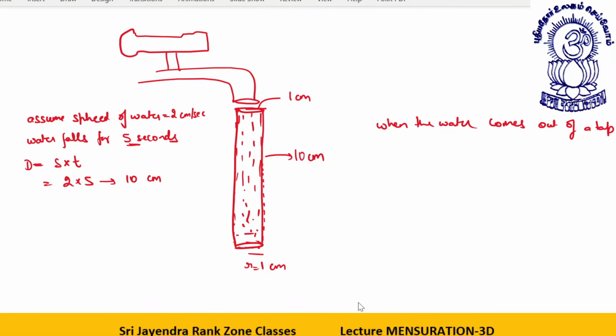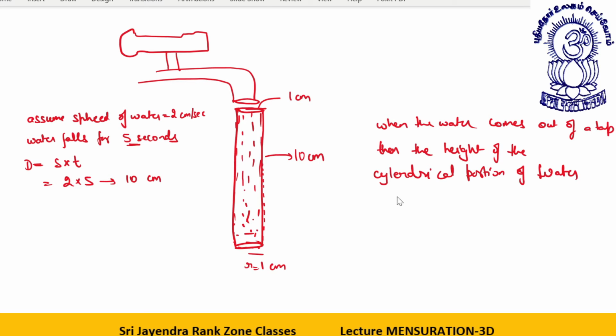When the water comes out of a tap, then the height of the cylindrical portion of water formed is calculated by speed into time. So once you get the speed into time, you have got the height.